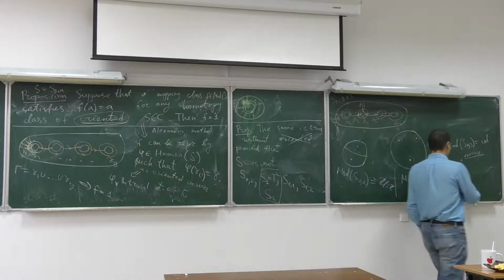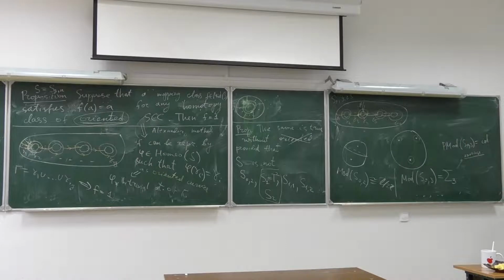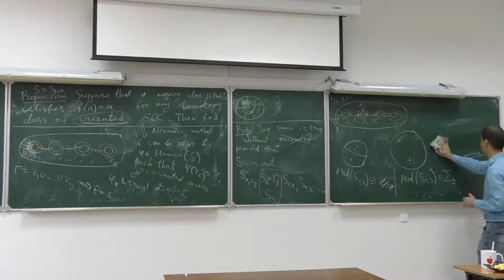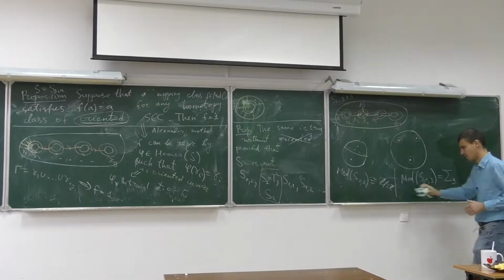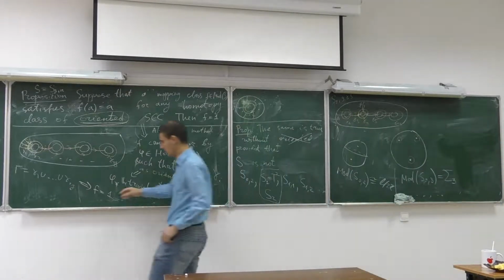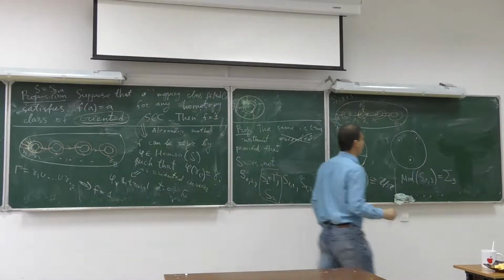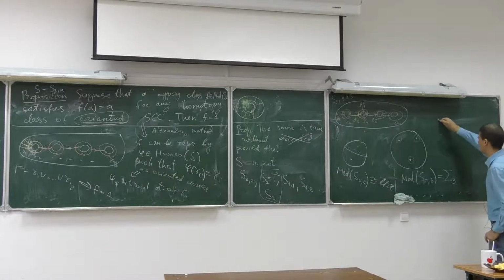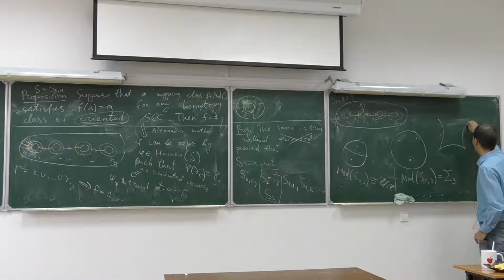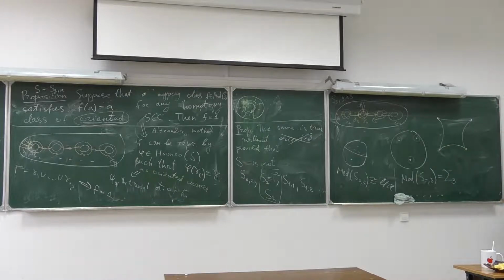And the last case is sphere with 4 punctures. Actually, a good way to draw it is as follows. Punctures are somewhat like cusps, so it's better to draw it this way. Here we have non-trivial elements of the mapping class group.